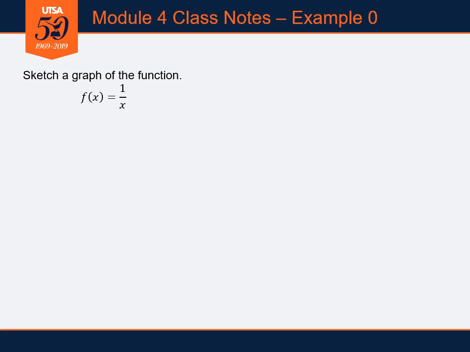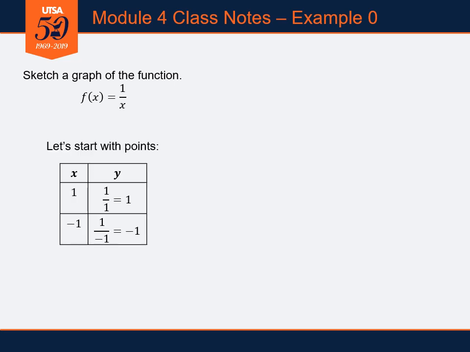So here, what we're going to look at with this first rational function, which is just the simplest, 1 numerator and x denominator, we're going to start a sketch. To start a sketch of the graph, a good place to start would be points on the graph. So let's start with a couple of real simple points.